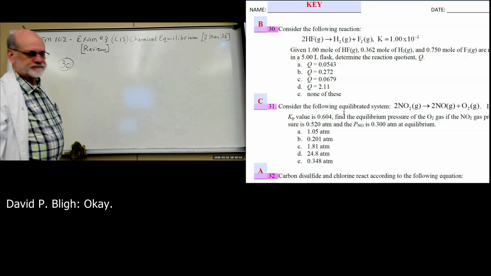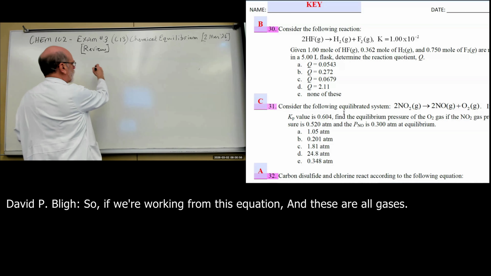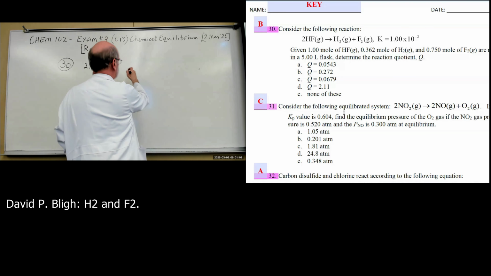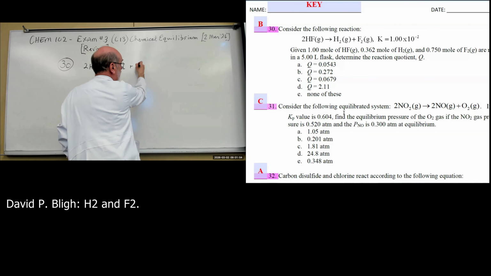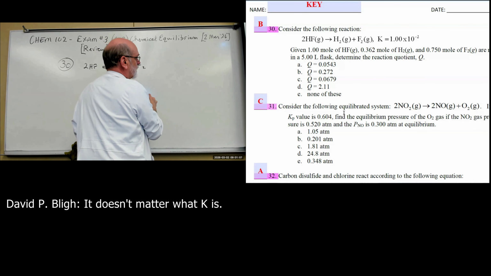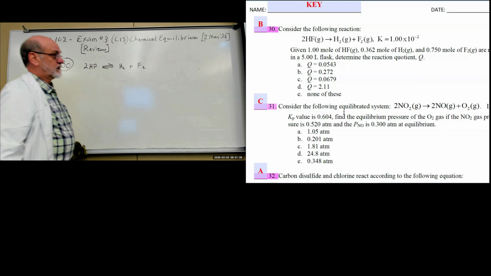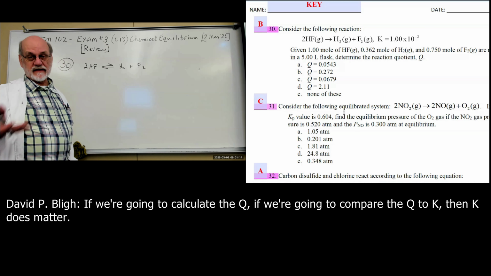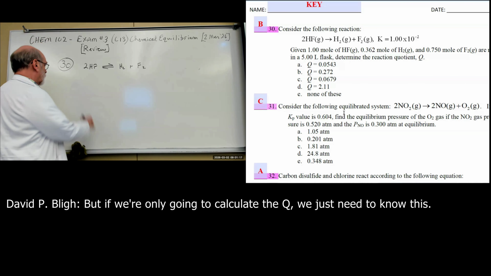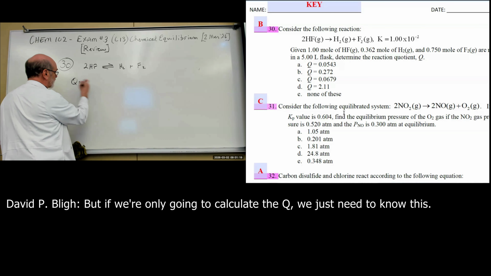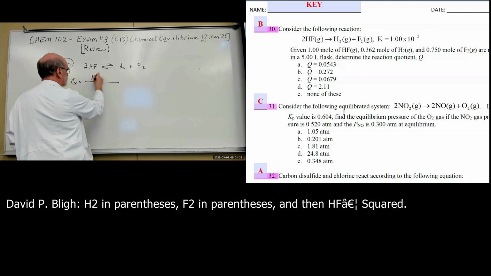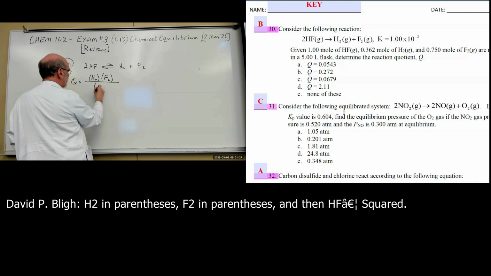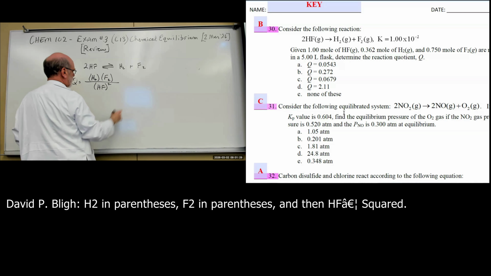If we're working from this equation, and these are all gases, it doesn't matter what K is to calculate Q. If we're going to compare the Q to K, then K does matter. But if we're only going to calculate the Q, we just need H2 in parentheses, F2 in parentheses, and then HF squared.